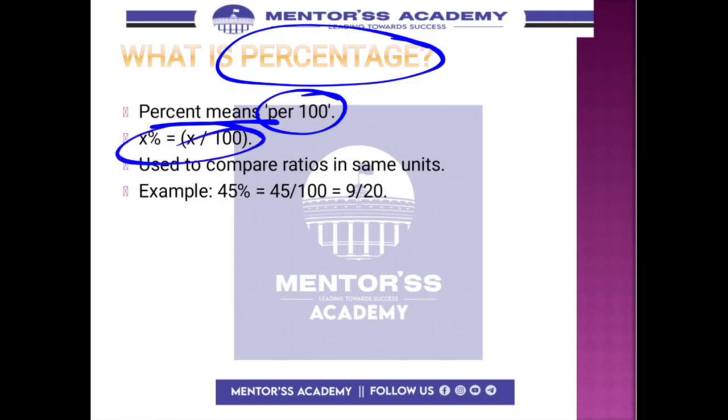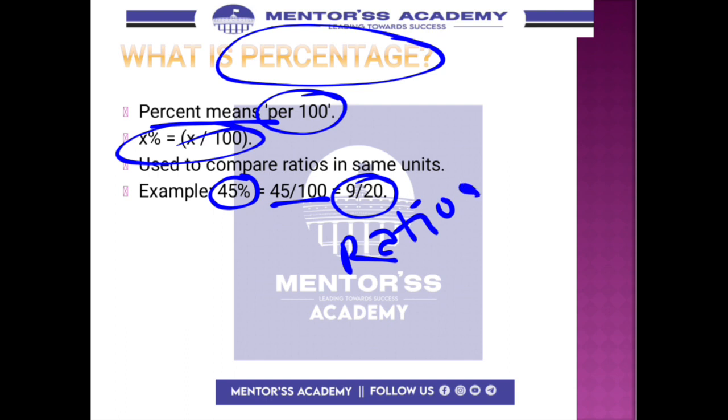For example, 45% is nothing but 45 out of 100, or simplified to 9 by 20. Percentages are extremely important because they allow us to compare ratios in the same unit, even if the actual numbers are different.